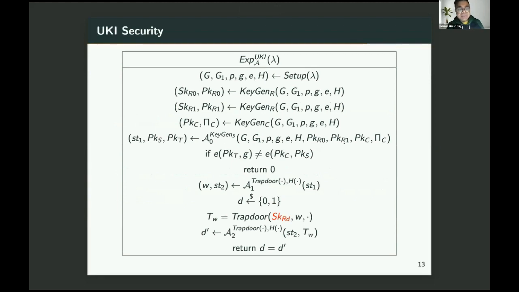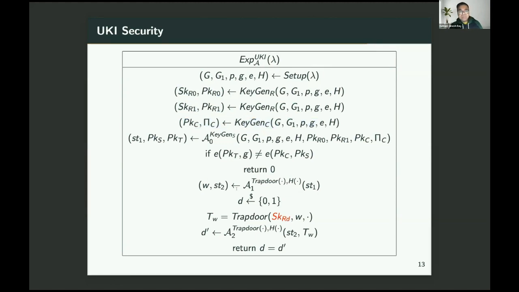The story that I just mentioned, when put formally, looks like this. Something similar is UKI. In UKI, if you take a look at what I marked in red, there are two users. We are playing the game by generating two users and one fixed cloud. In the last example, there were two clouds and one fixed user, but here there are two users and one fixed cloud.